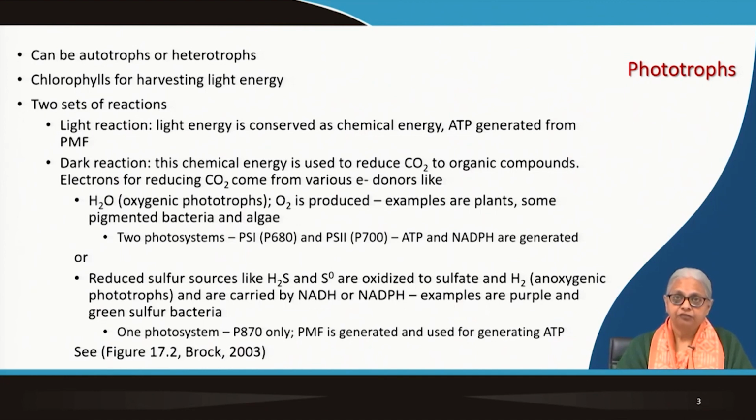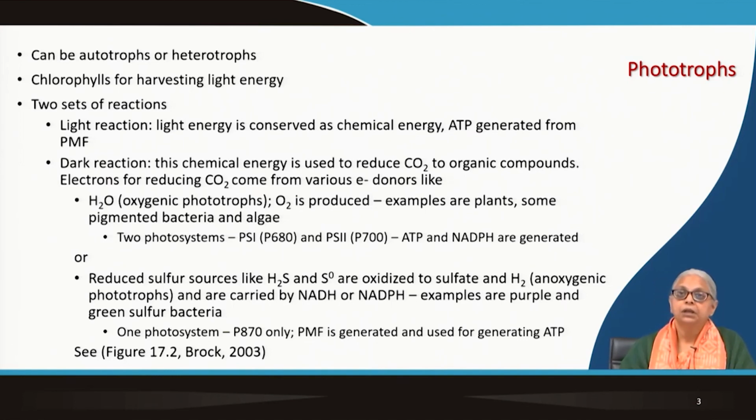Now, we have by now a fairly good understanding of the fact that there are certain species and certain groups of bacteria that are capable of utilizing light energy, and they may be autotrophs or they may be heterotrophs.